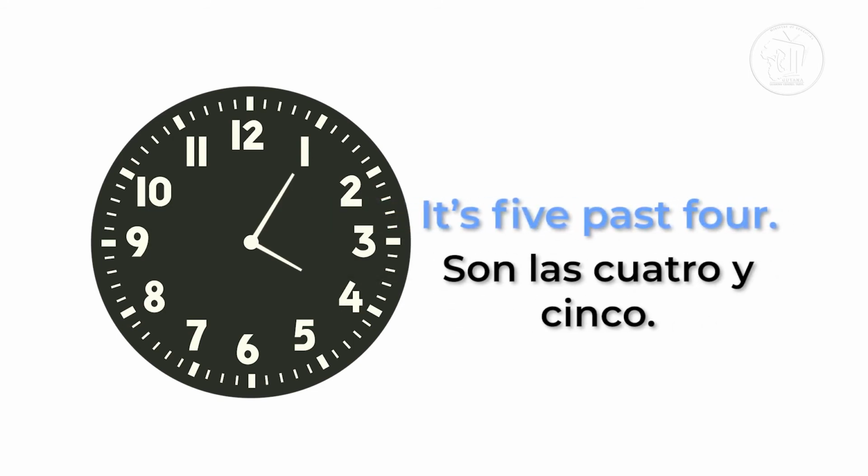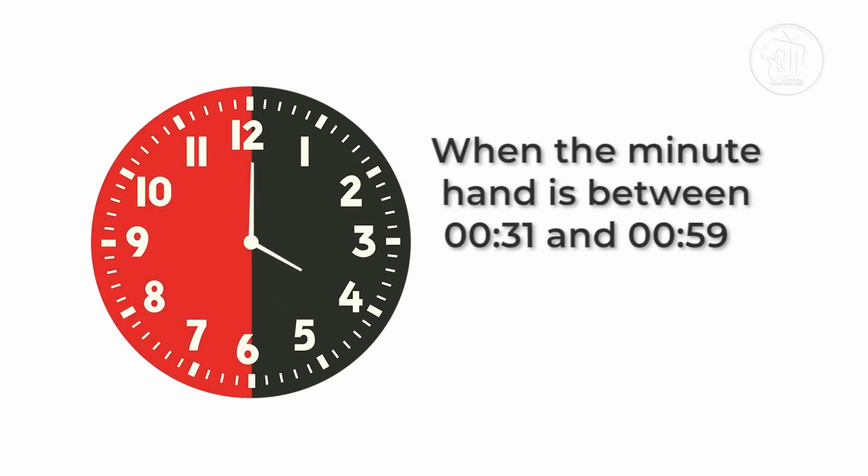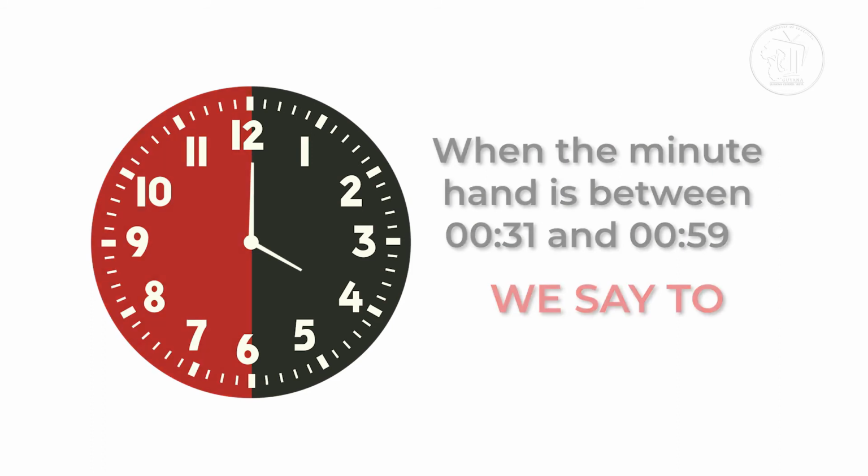So if it's 5 past 4, in Spanish, we would say son las 4:05. Now, if the long hand, that's the minutes hand, is between 31 minutes and 59 minutes, we say to in English.